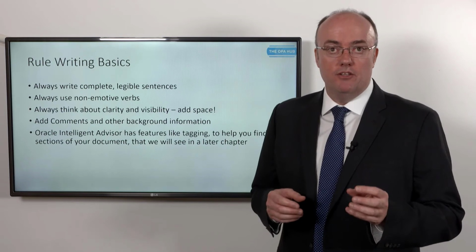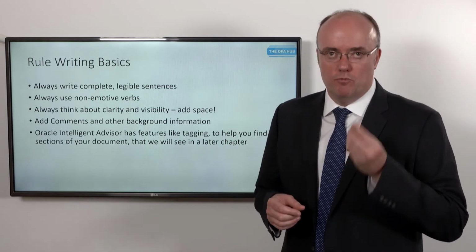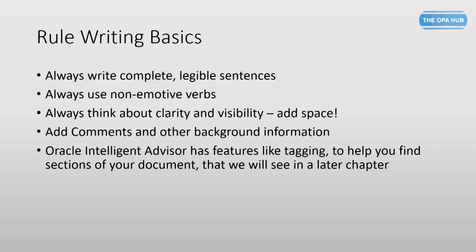We're about to jump into some practical demonstration, but before we do that, let's look at some really key, important, basic principles. When you're writing in Word, write basic but complete sentences. Don't leave it hanging. Remember, if you're expressing something that is a is-it-or-isn't-it, there should be a verb. The verb is, or to be in this case.